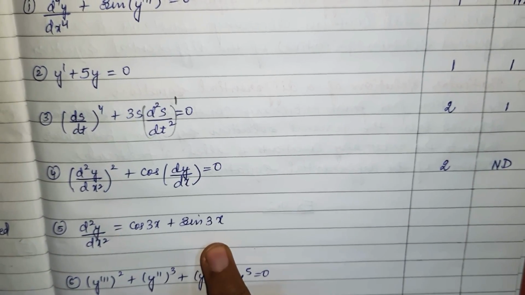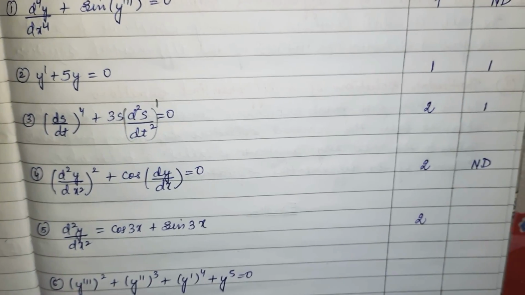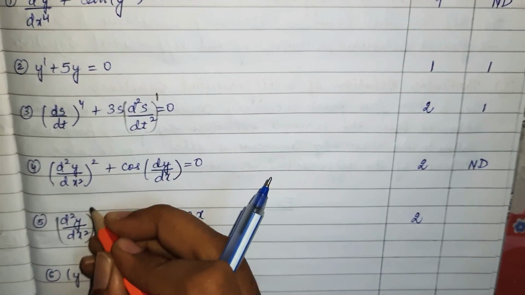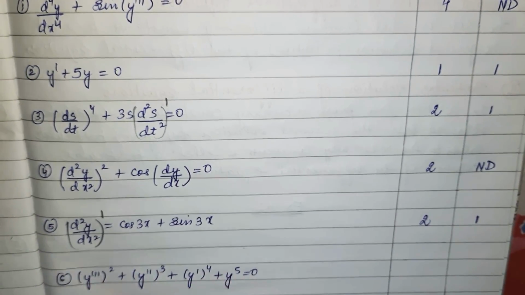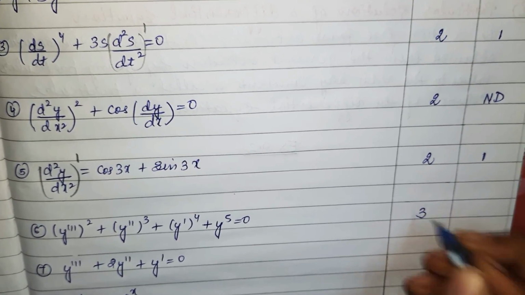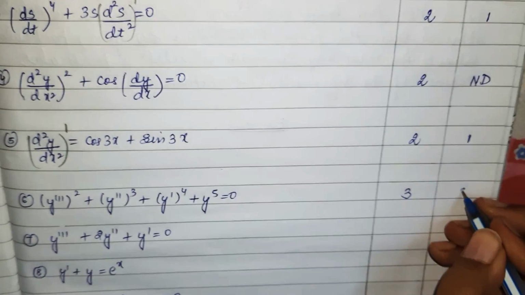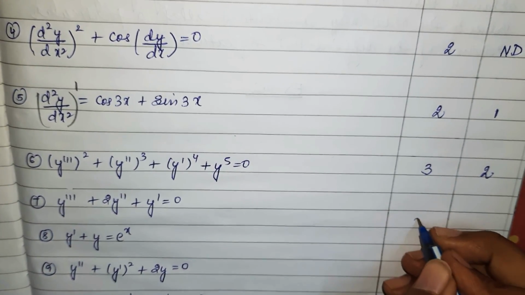Here, highest order is 2. If I talk about degree, this is the highest order, so degree is 1. Highest order is 3. Degree is 2. Highest order is 3.